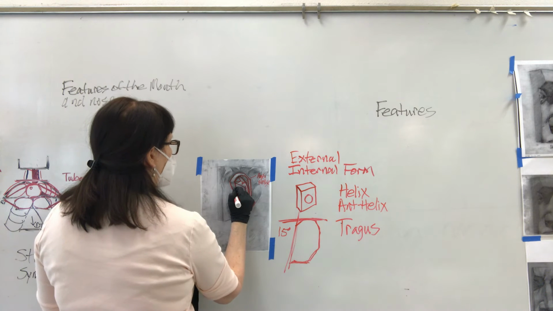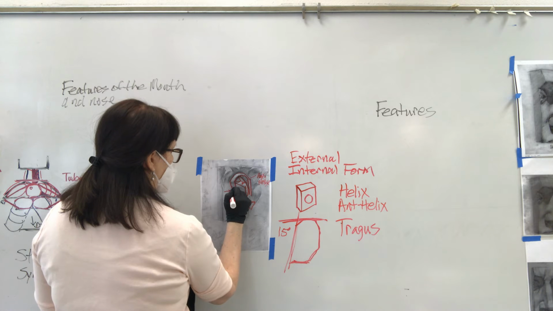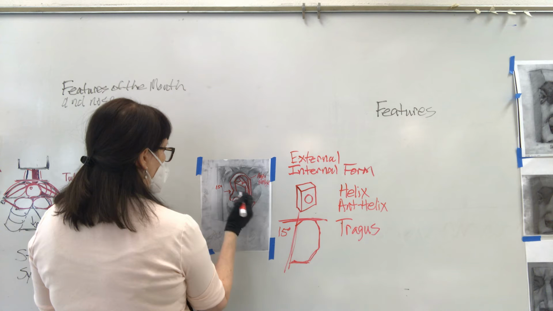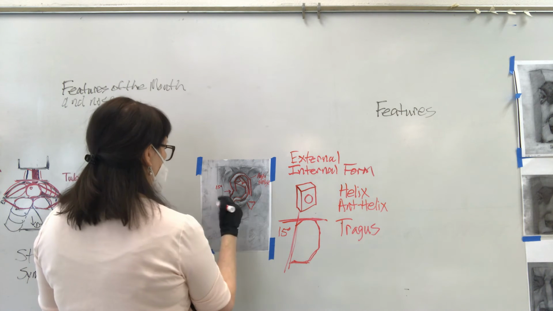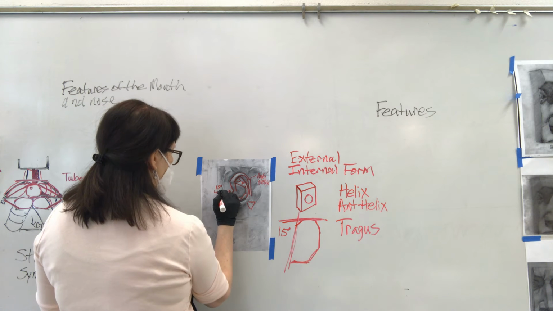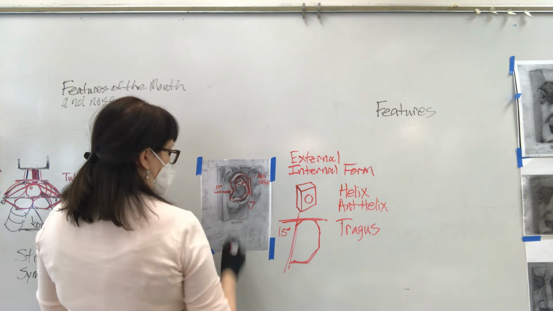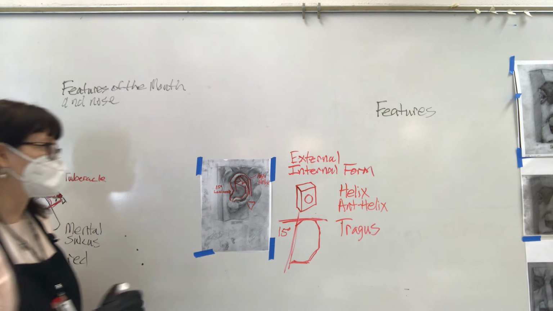It's this little flap right here, and it's 15 degrees, and it's used as a visual landmark. It's soft tissue, well, it's really cartilage. Anytime in anatomy you have one form, you can be guaranteed you have the form next to it.